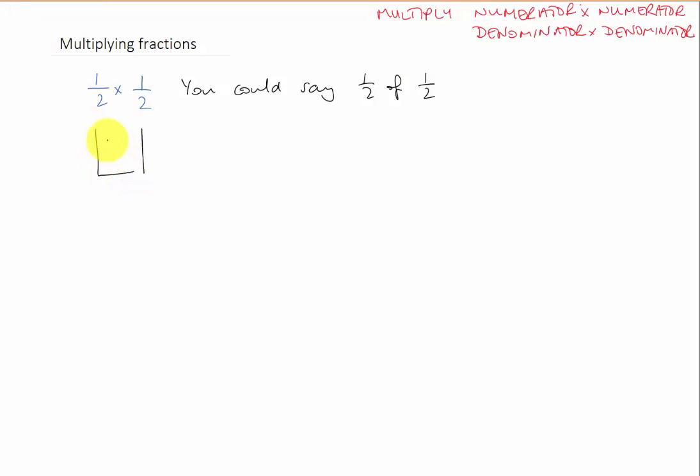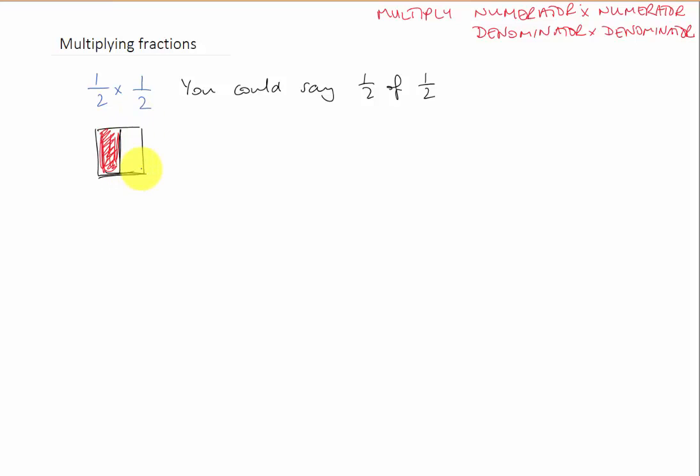Let's draw it out. So it's 1/2, so we're dividing into 2 equal pieces, and we're counting one of them because the numerator is equal to 1. So that's our first 1/2.